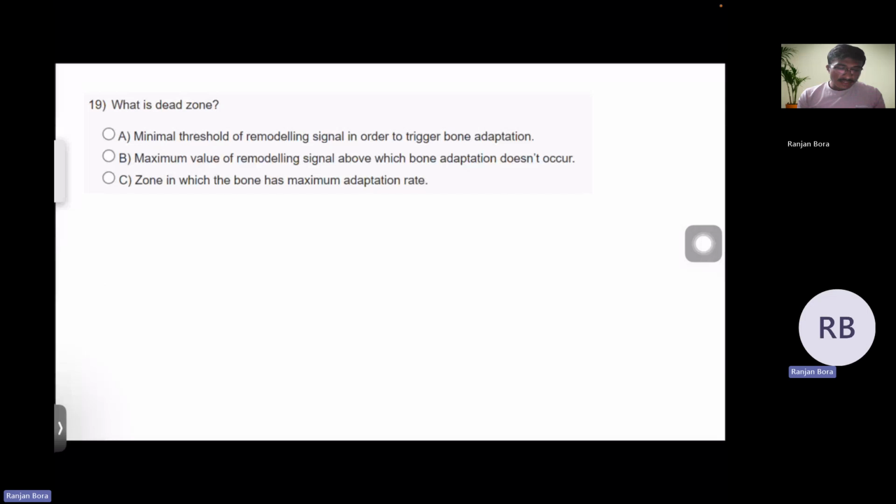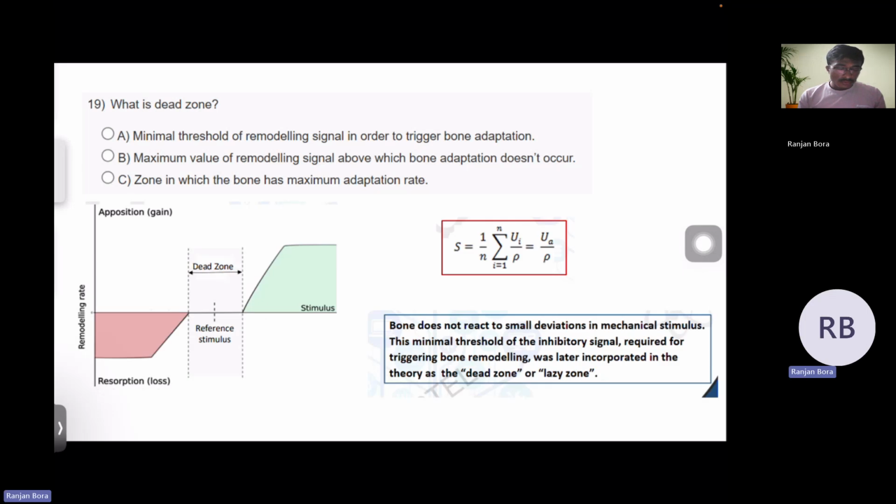Next question is, what is dead zone? From this bone remodeling chart, we can see that one is the bone apposition, which means the gaining of bone, and one is the resorption, which means the loss of bone. And there is one zone which is known as dead zone. Here, bone does not react to small deviations in mechanical stimulus.